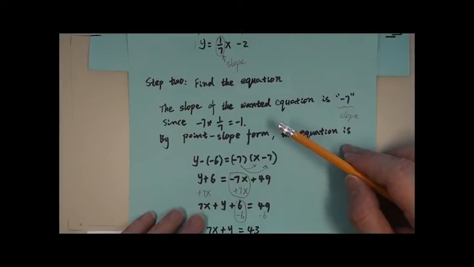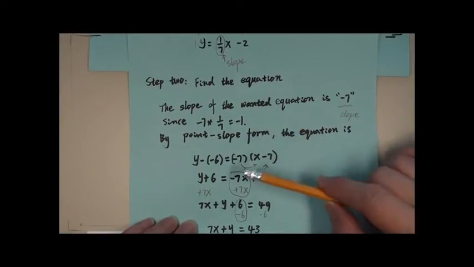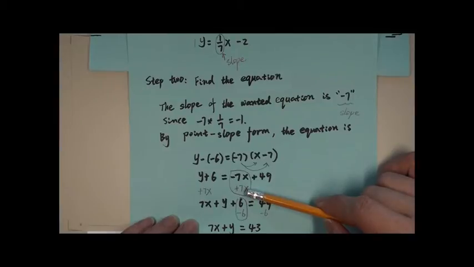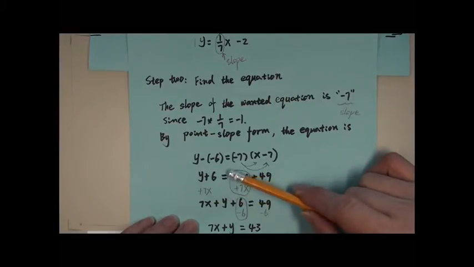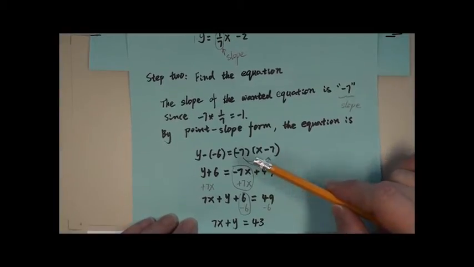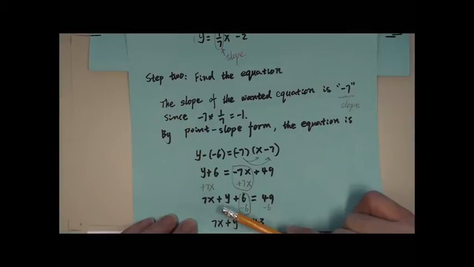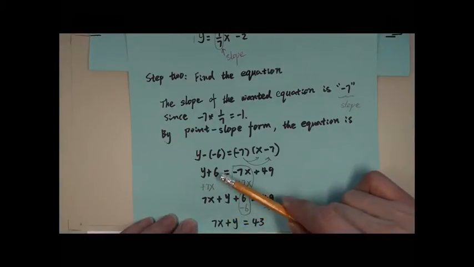Here what we want is to find out a general form. You see, we're close to being done. Plus positive 7 on both sides, you cancel this negative, positive 7x. And then 7x plus y is 7x plus y plus 6 on the left.